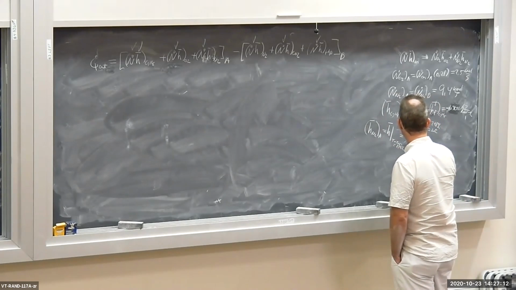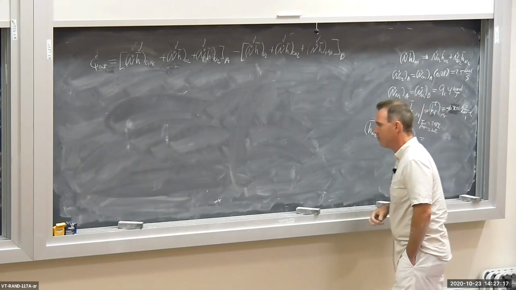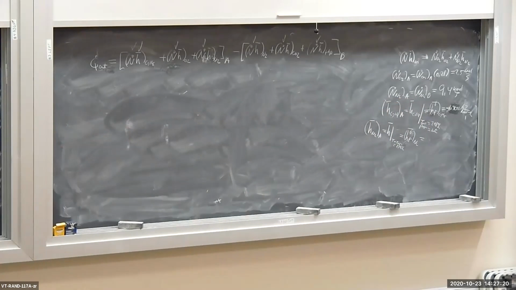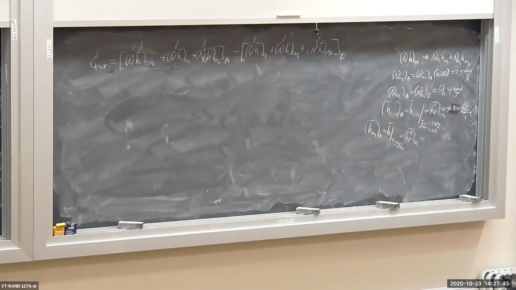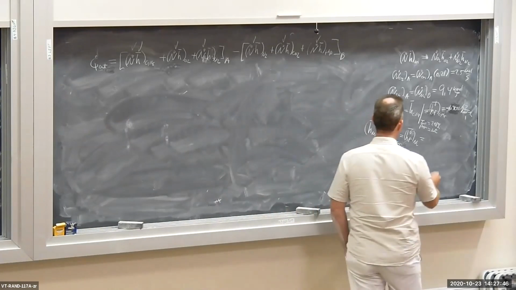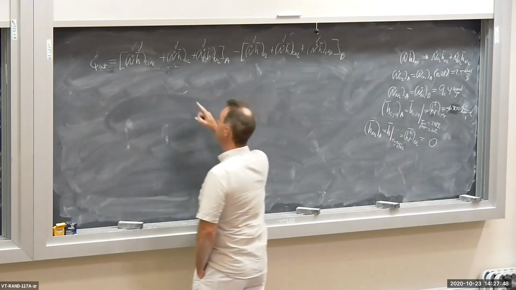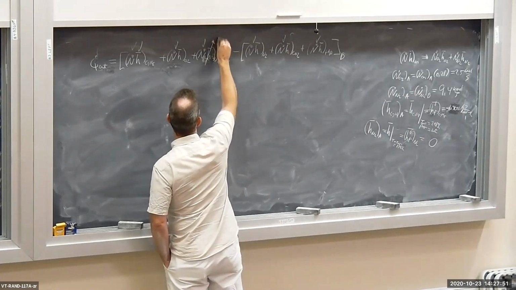So H naught sub F bar for the nitrogen, N2. We are at the reference condition on the reactant side. Nitrogen, N2 vapor. Enthalpy of formation, 0. Well, that's easy. So this term goes away.